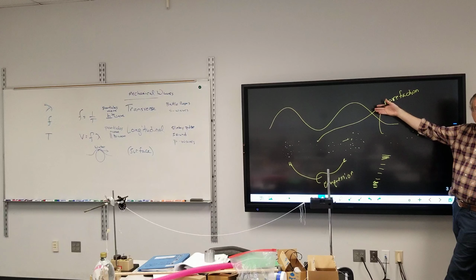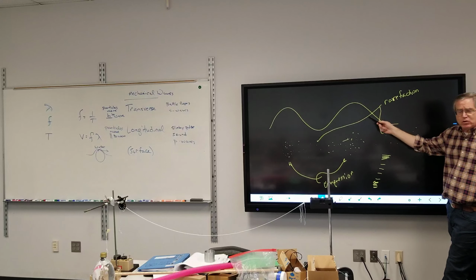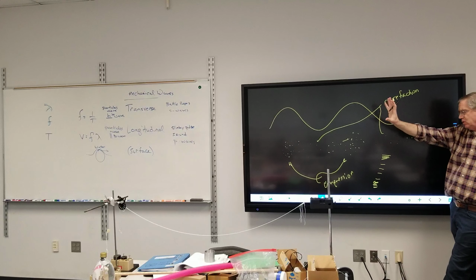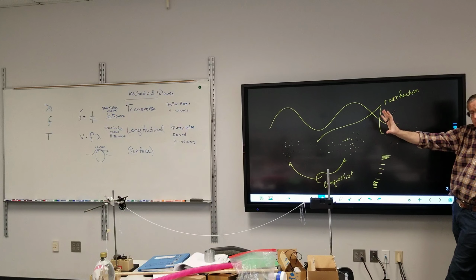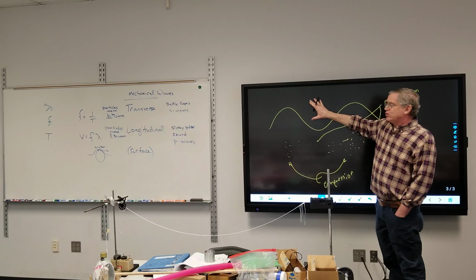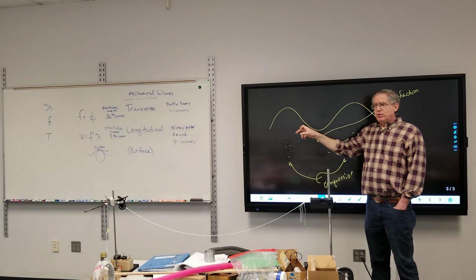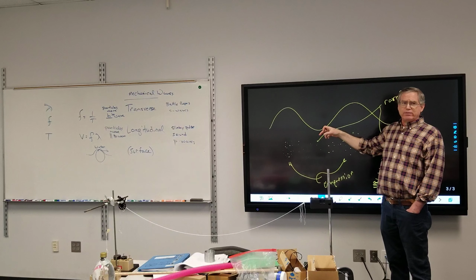Just realize that it represents something different. In a transverse wave, this could be a physical representation of what it looks like. If this were a longitudinal wave, the peaks represent areas of compression, the troughs areas of rarefaction.